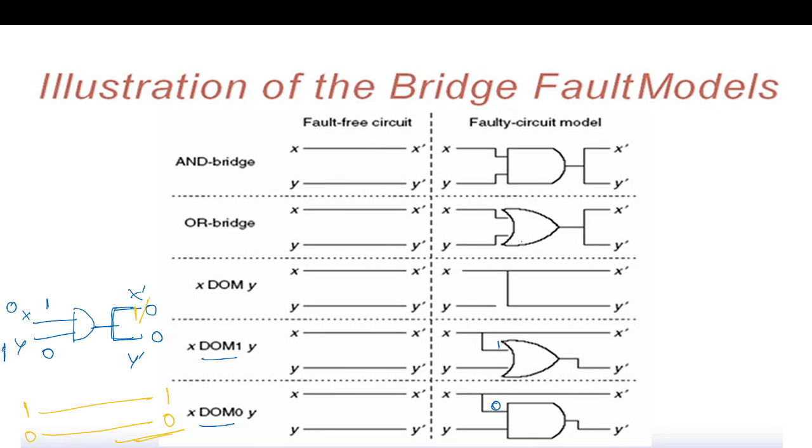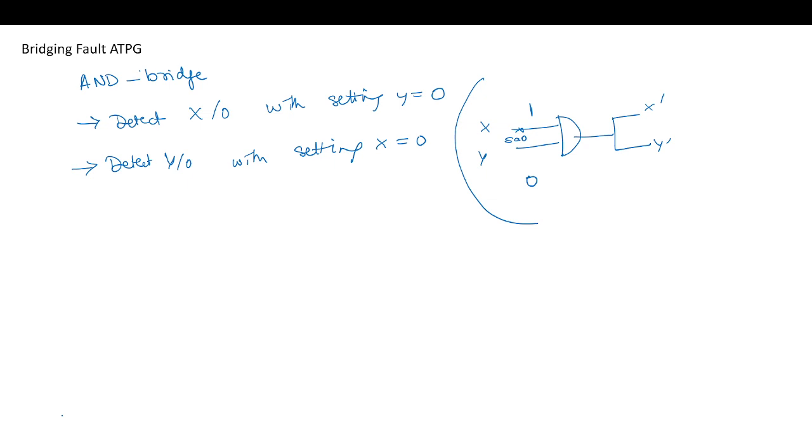If we have 0 1, again this will be 0. It should have been 1, but because of the fault it is 0. So conventional stuck-at ATPG can be modeled to handle this bridging fault, to generate the patterns for bridging faults.